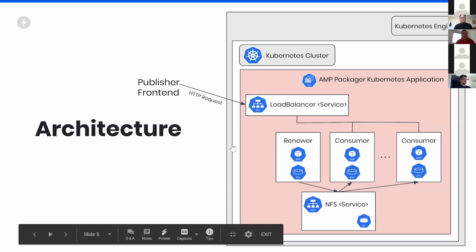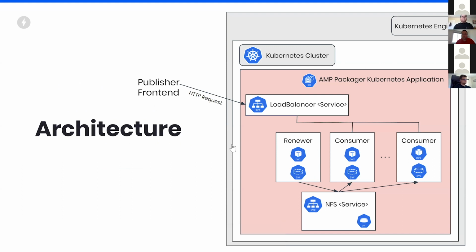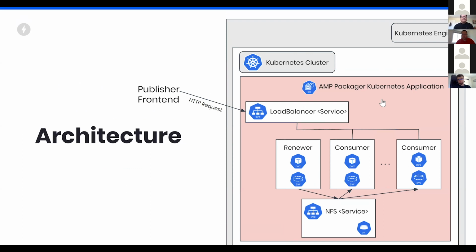So the architecture is pretty simple. Everything is running under a Kubernetes cluster inside your Kubernetes Engine. There's an AMP packager Kubernetes application that consists of a load balancer. The load balancer basically provides an externally accessible IP address that sends traffic to the correct port on all your cluster nodes, which is basically your consumer nodes.